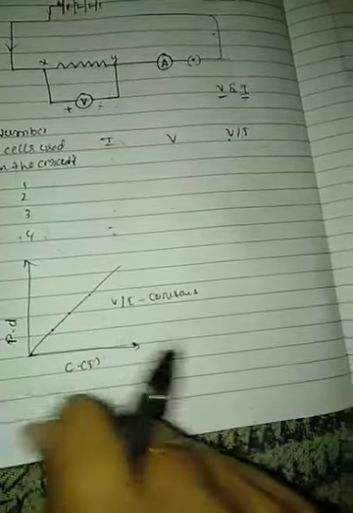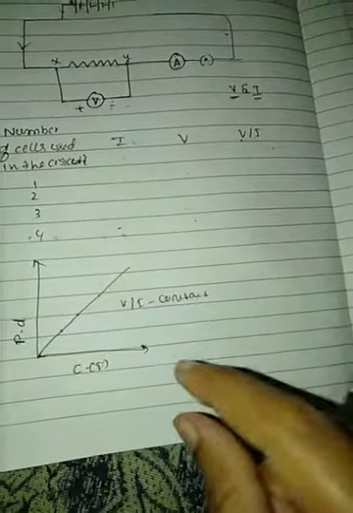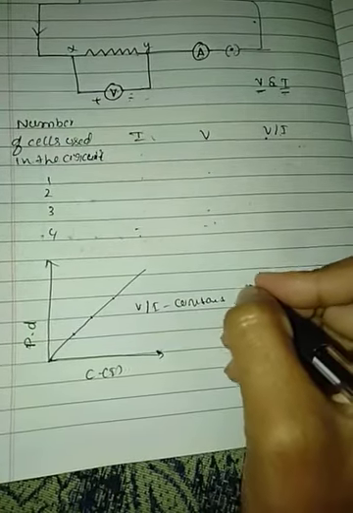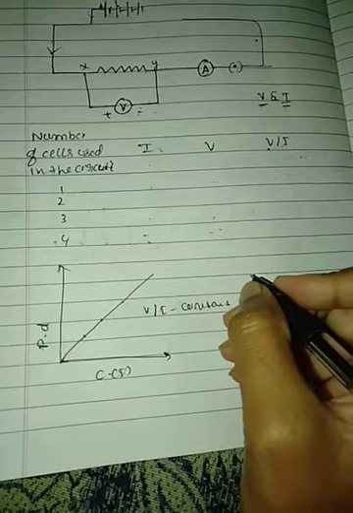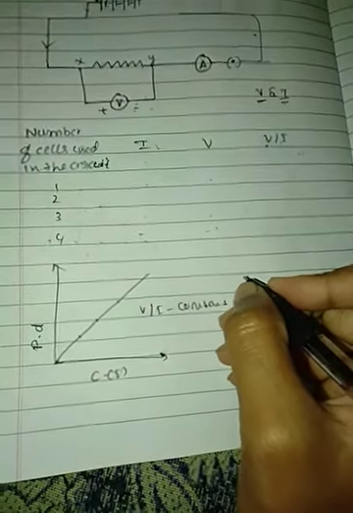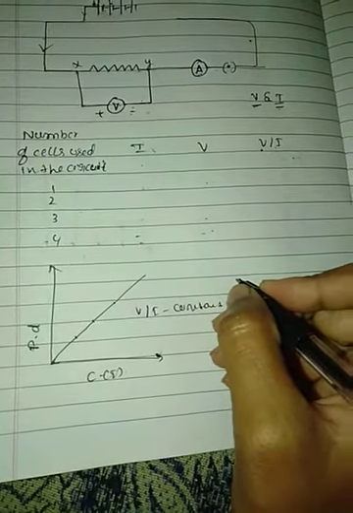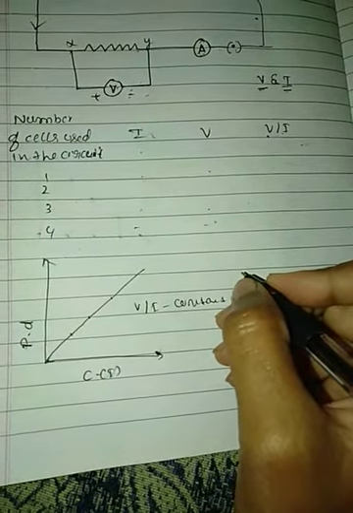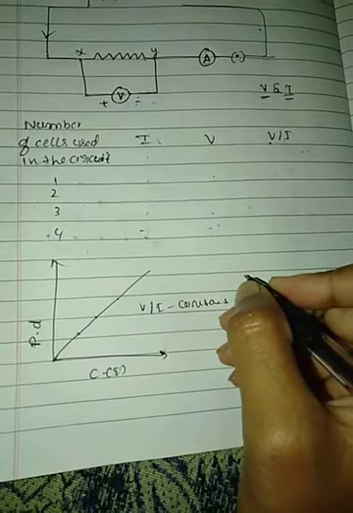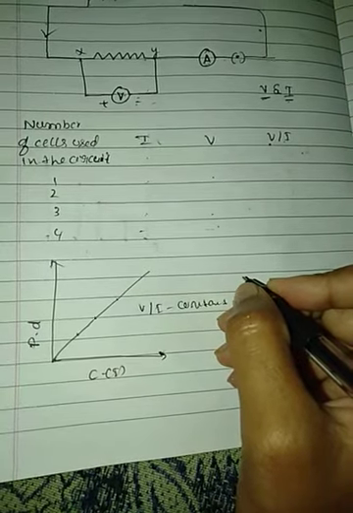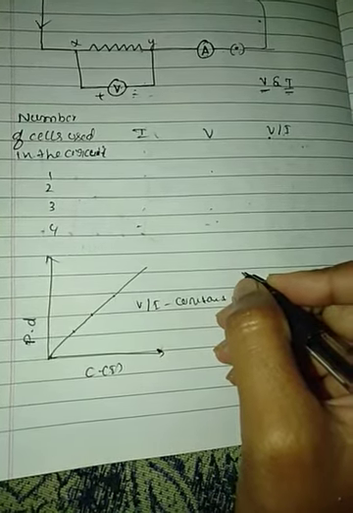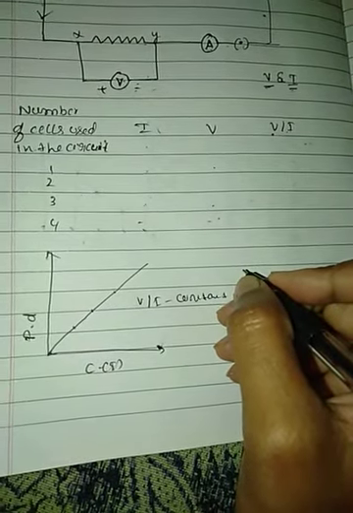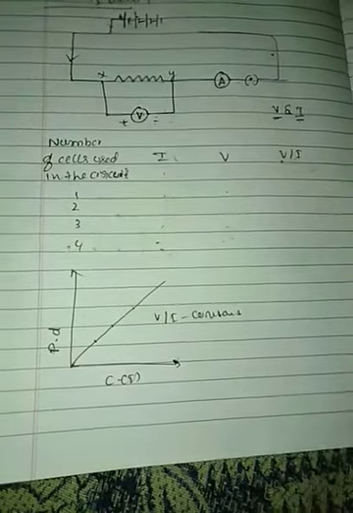From this graph we can state Ohm's law. Before that, Ohm's law was first found by the German physicist George Simon Ohm in 1827. He found the relationship between the current flowing in a metallic wire and the potential difference across the terminals of the circuit.